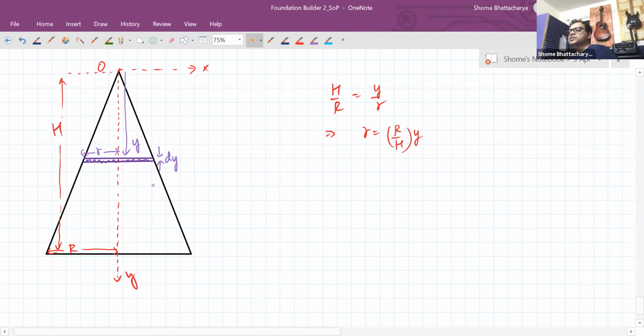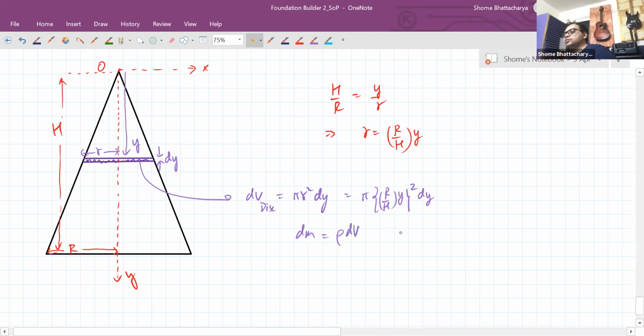So the volume of this disk, which we had just written, was pi r square into thickness. So that will be expressed now as pi into (R by H times y) squared into dy. So its mass is density into volume.